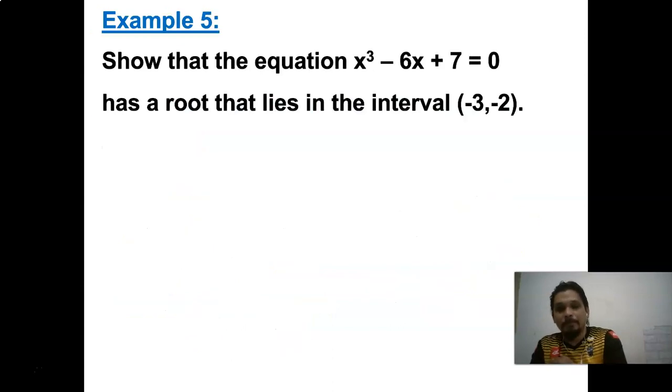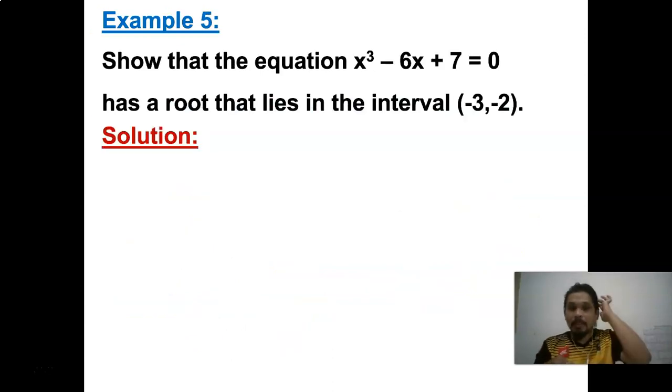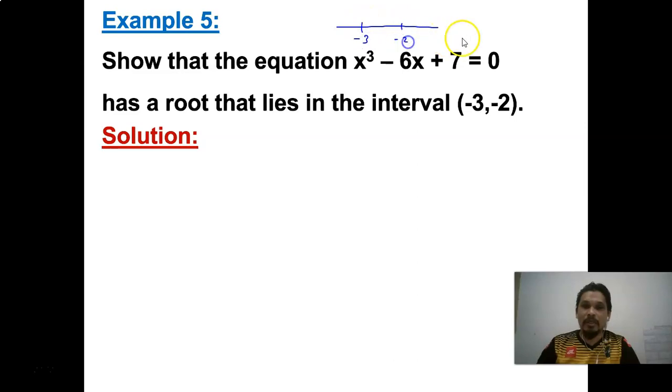Okay. Next question. Show the equation has a root that lies in the interval of -3 and -2. So just imagine the number line with x equal to -3, -2, -1, 0, 1, 2, 3, and so on. We would like to see whether there's a root that lies in between -3 and -2.